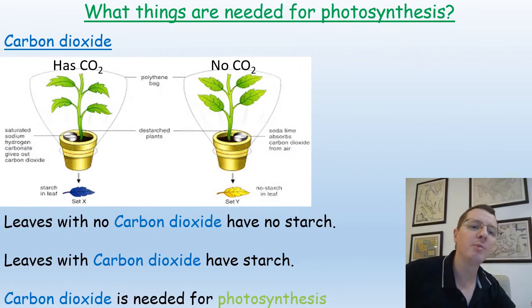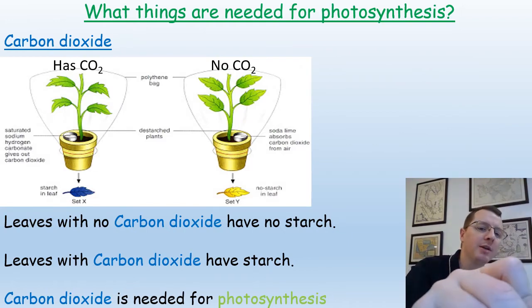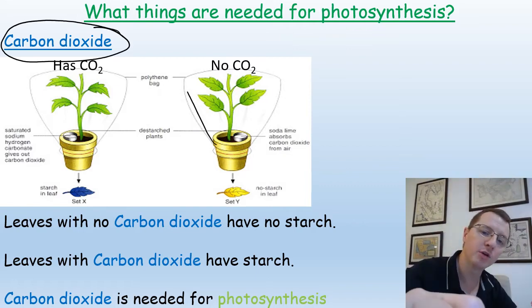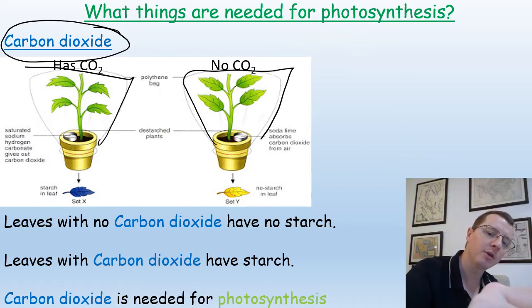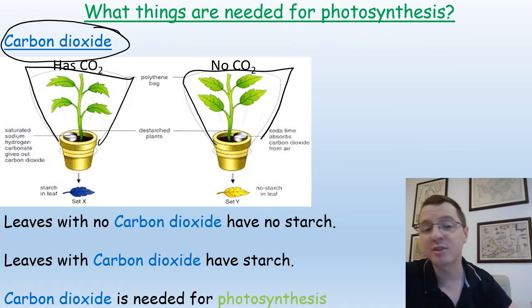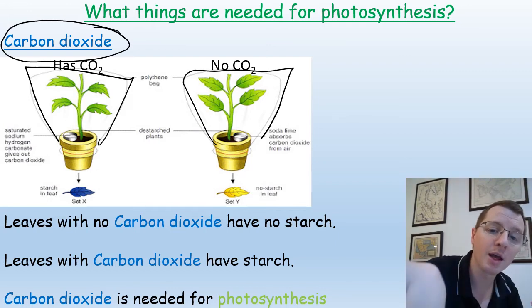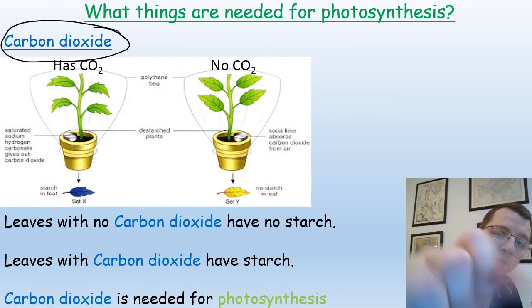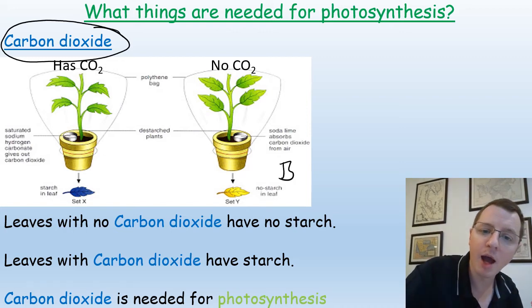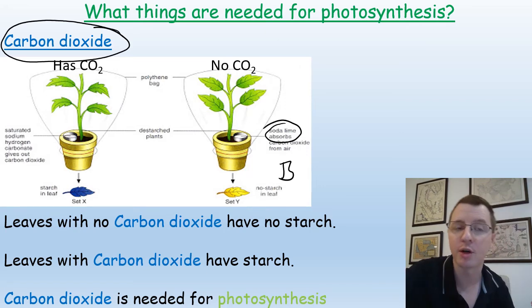The final experiment you may have carried out is to do with carbon dioxide, and in this case we would need 2 separate plants, both covered in a set of transparent plastic, but they have slightly different chemicals inside them. For example, this particular plant here, plant B, has soda lime, and soda lime absorbs carbon dioxide from the air.